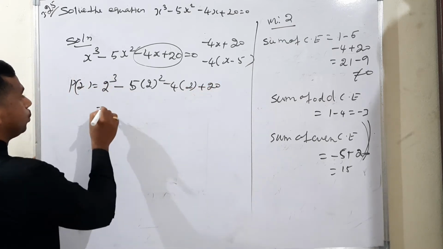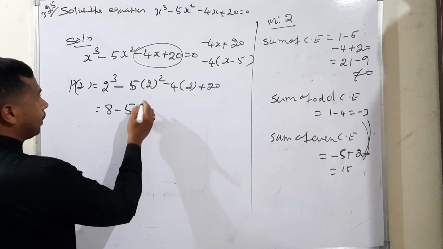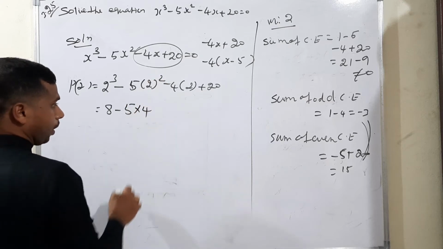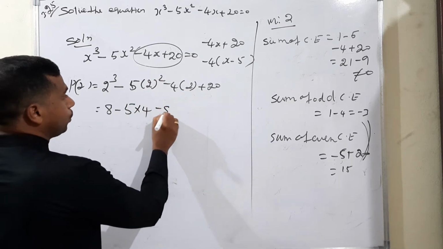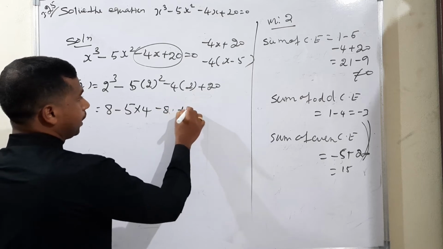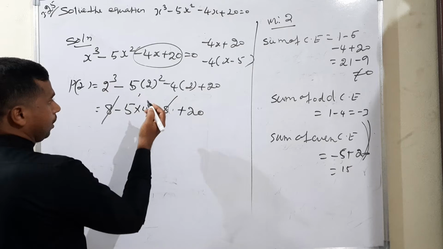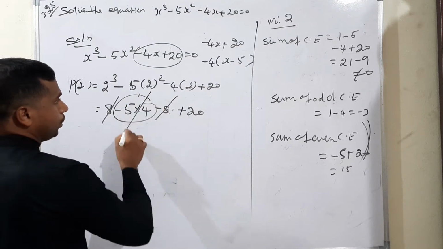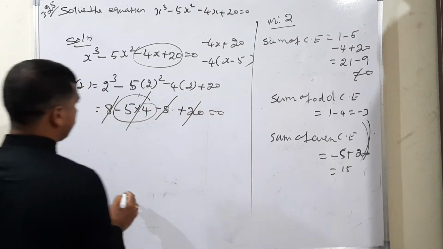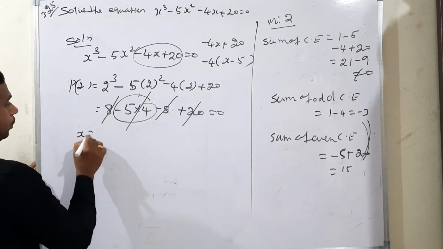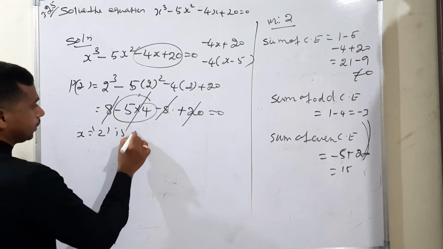So 2 cube means positive 8, minus 5 into 2 square means 4, minus 4 into 2 means minus 8, again plus 20. Now plus 8 and negative 8 cancel. Negative 5 into 4 means negative 20 and positive 20 is equal to 0. Therefore, we can say x is equal to 2 is one of the roots, isn't it?